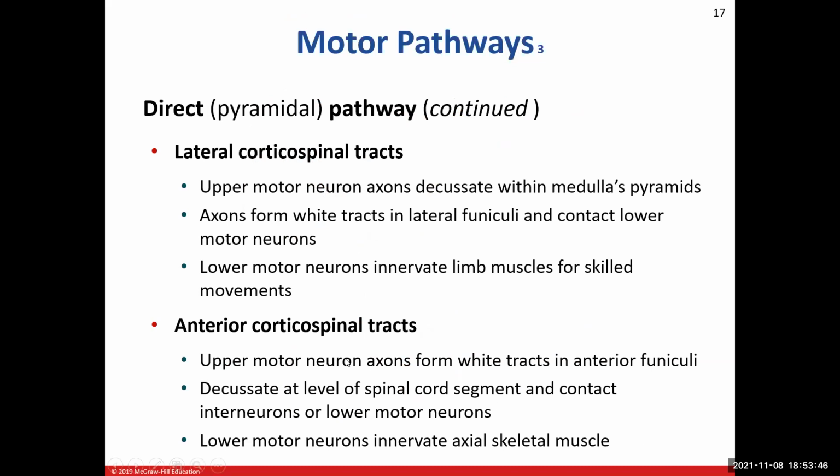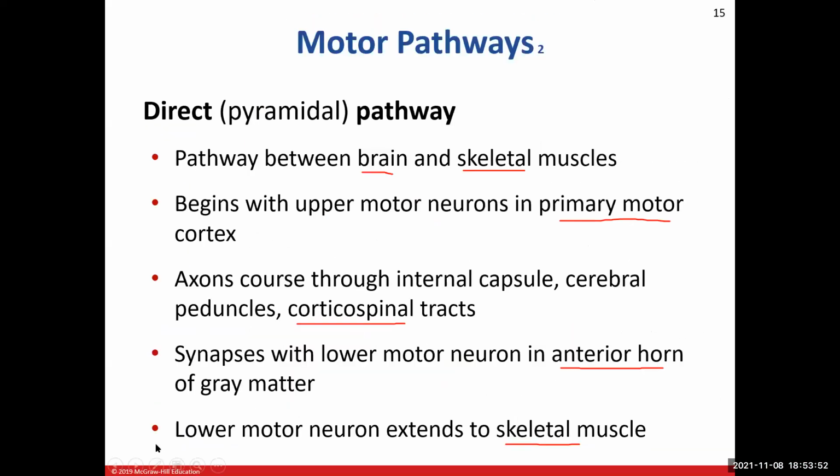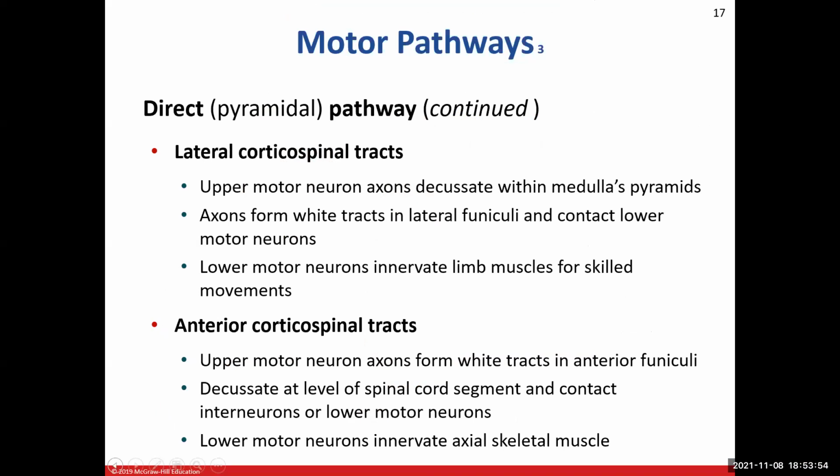All right, so the lateral corticospinal tract, same type of scenario. The upper motor neuron is going to originate up in the primary motor cortex. It's going to descend down into the brainstem. Here's an important point, though.